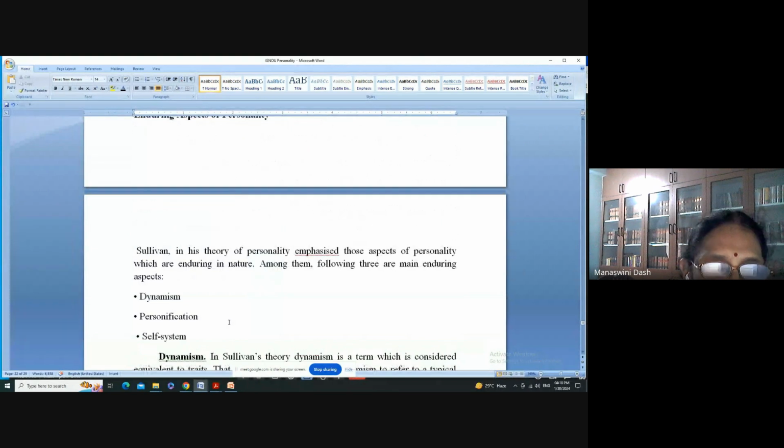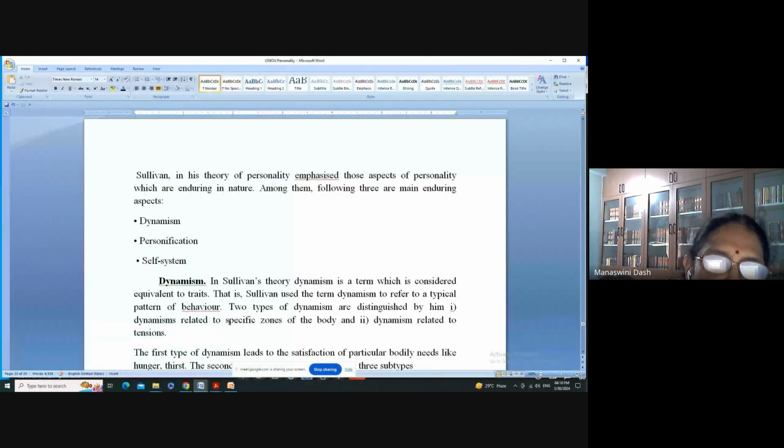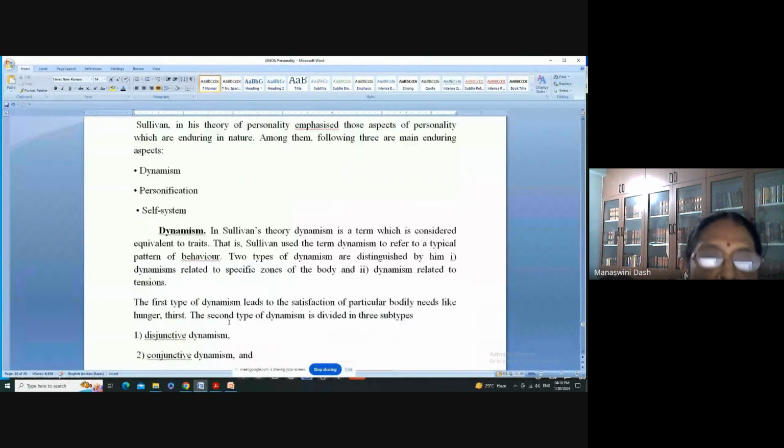Enduring aspects of personality, Sullivan also talks of dimensions which are enduring in nature. Such aspects are dynamism, personification, and self system.